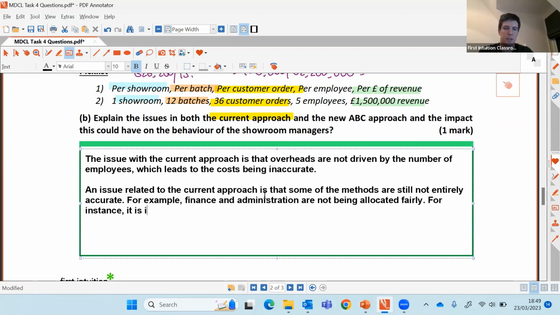it is unlikely that each showroom would have these costs occurring evenly.